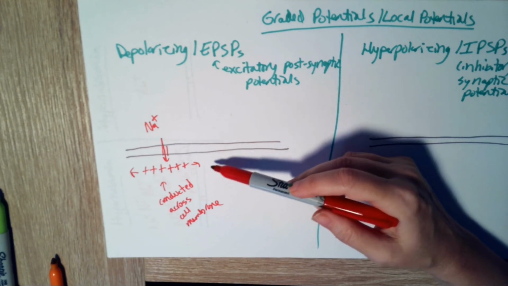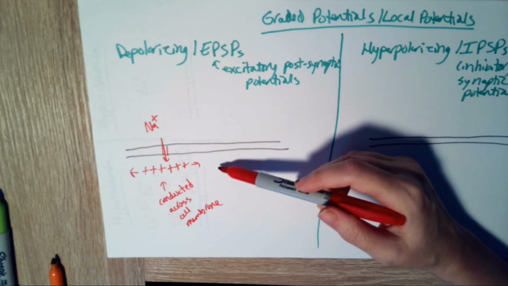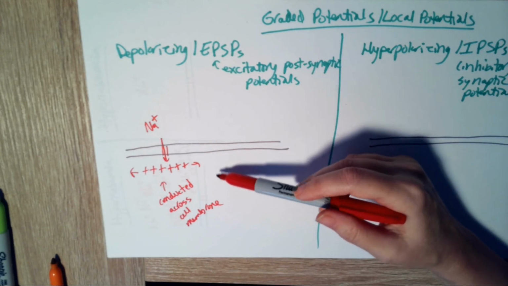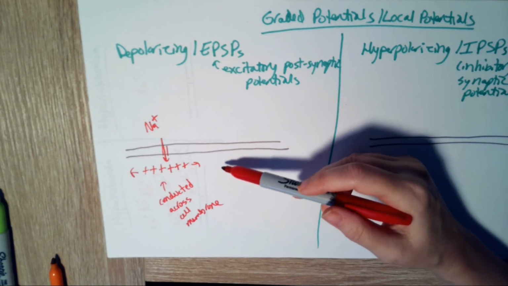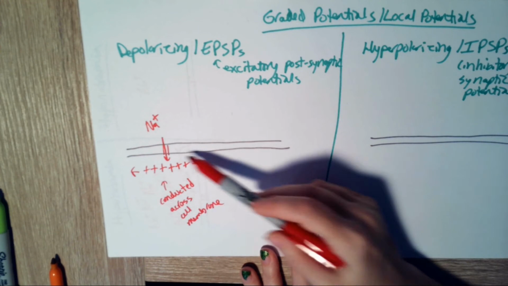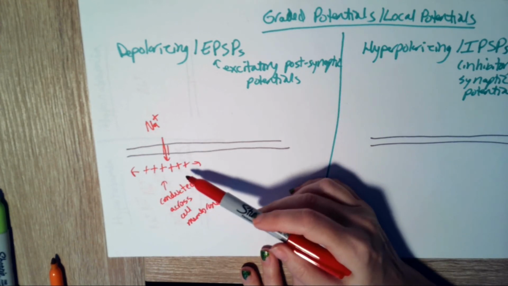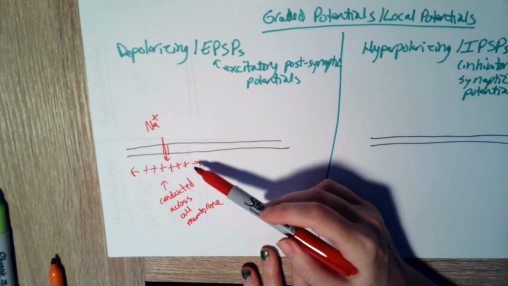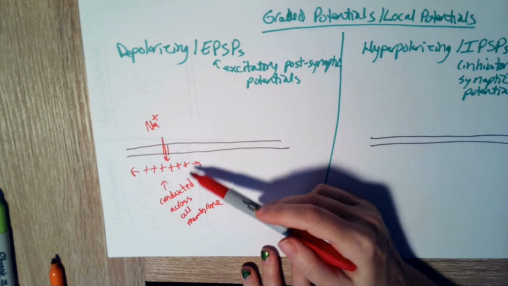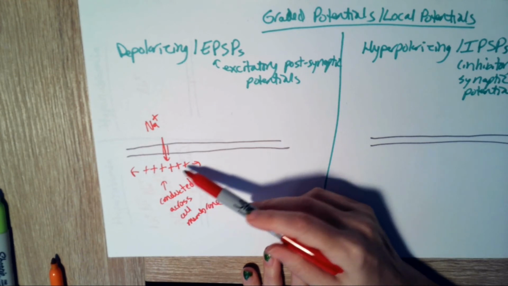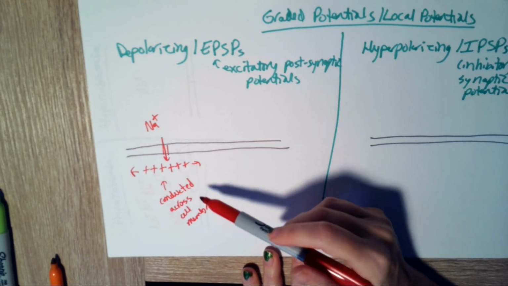When you reach that threshold, you open them and you have an action potential, which is how a neuron being stimulated releases neurotransmitters. So this would be tending to bring you closer to, maybe even stimulating, an action potential. Not necessarily, it has to be strong enough, but that's the whole purpose of it.